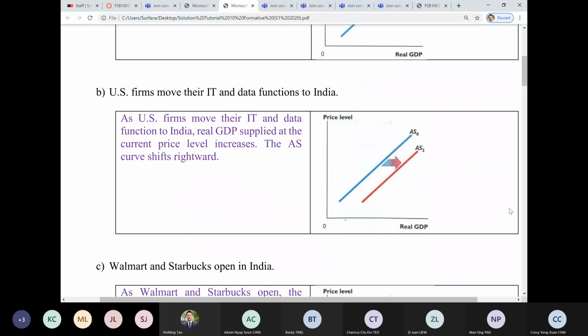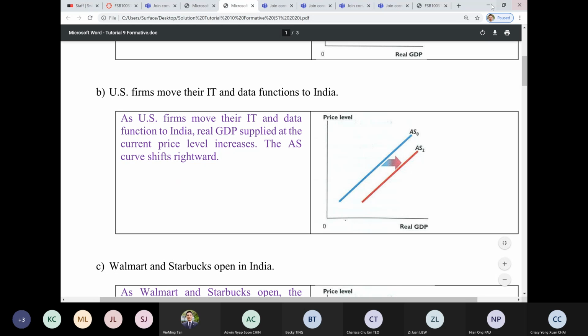Alvin, okay, if Walmart and Starbucks open the business in India, these two companies are from the US. Now they want to open the business in India. I think I continue to use this one.